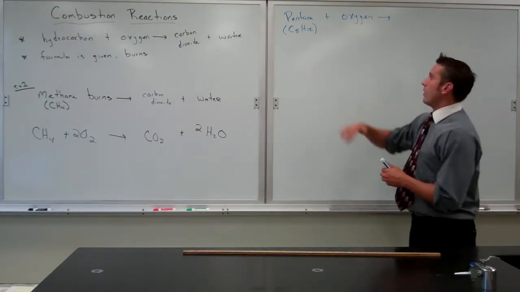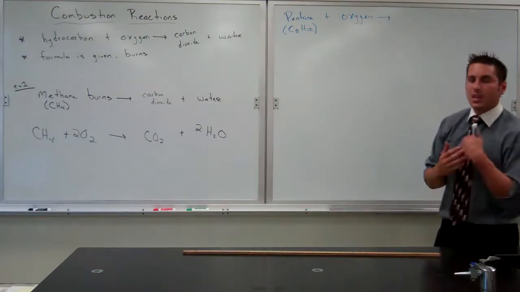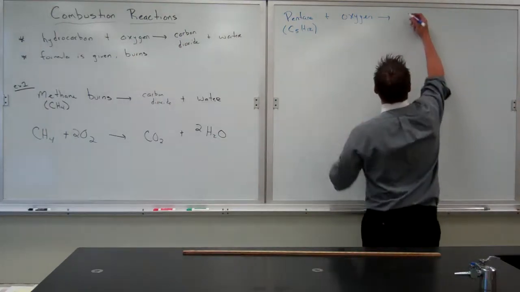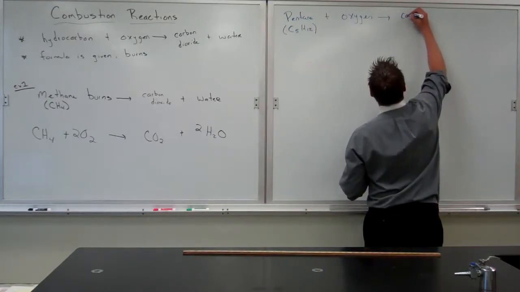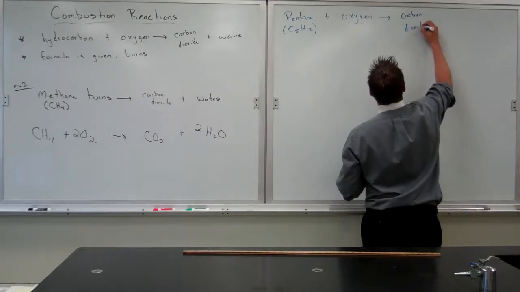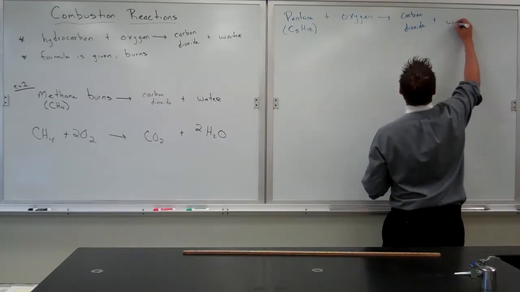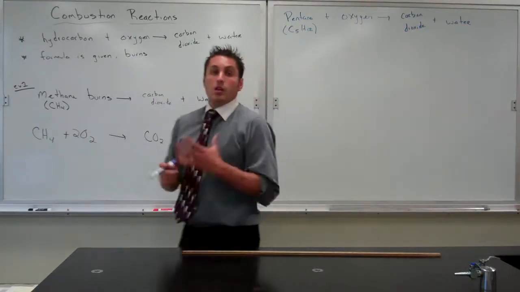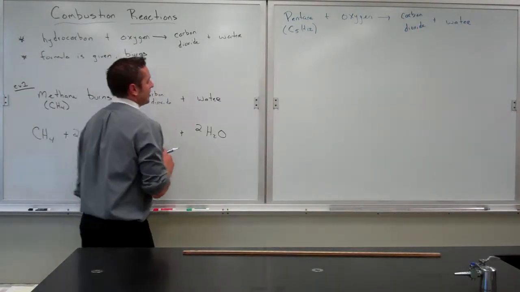These should stand out right away. A formula is given to me, I should know right away it's a combustion. The products of a combustion are always the same. Carbon dioxide plus water. Now it's just a matter of writing and balancing it.